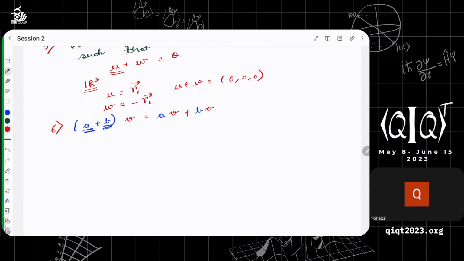So basically you can bring the v inside this summation. And what this property tells us is that scalar multiplication is distributive in the scalars.